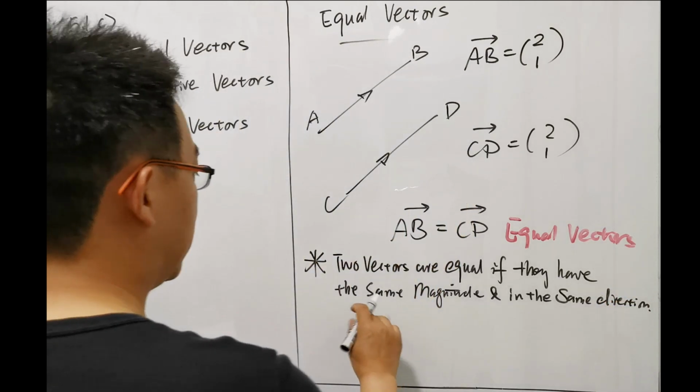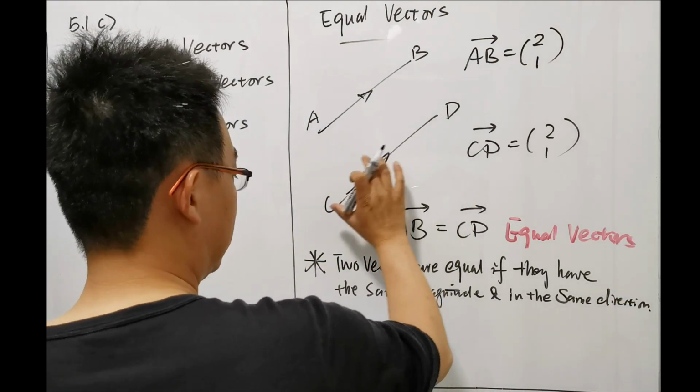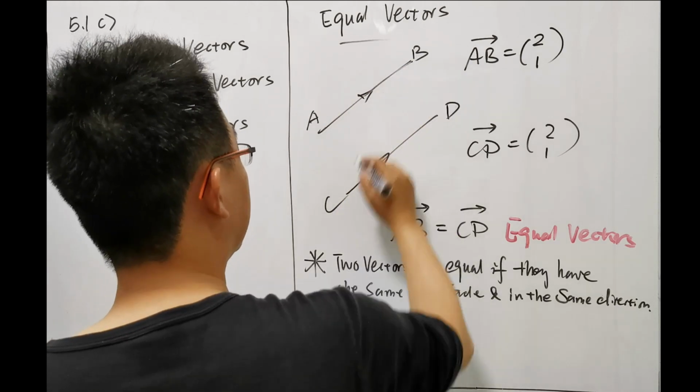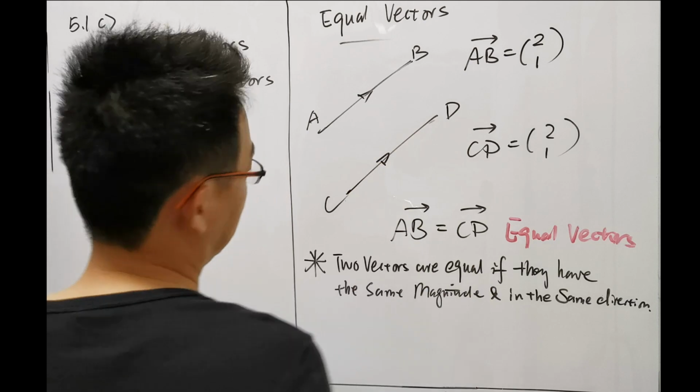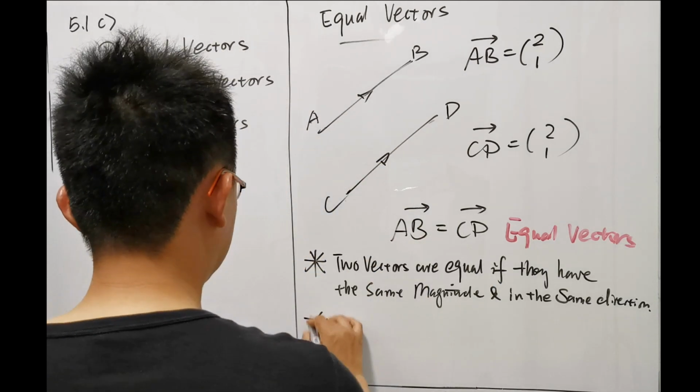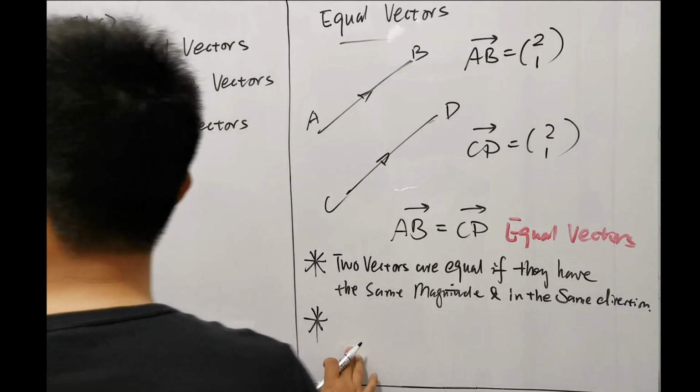Okay, so this is very clear. So they have the same magnitude, and also the same direction. So they are equal vectors.